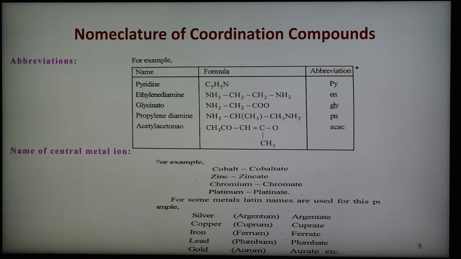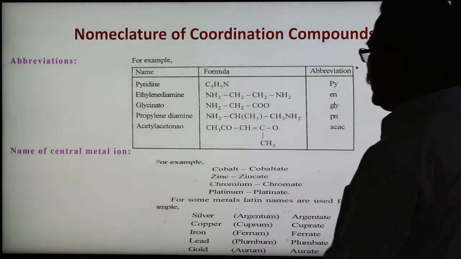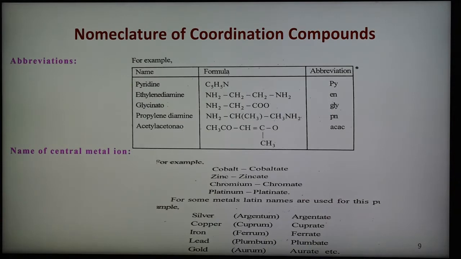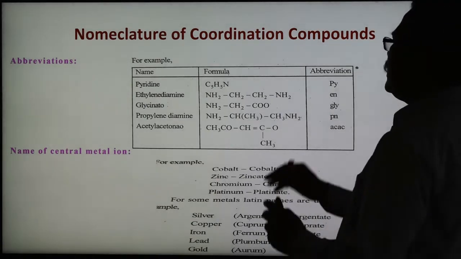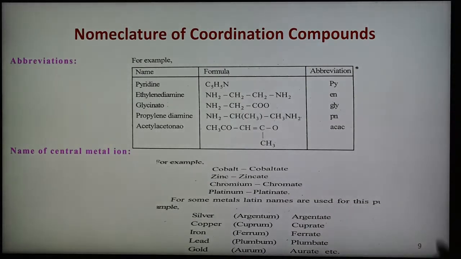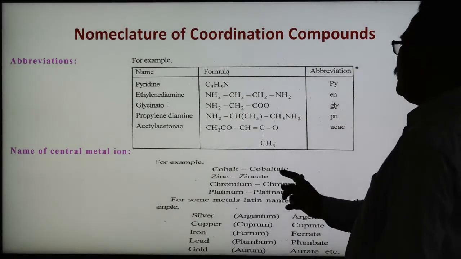If it is a part of an anion, then the name ends with ATE. So two types of complexes are there, positive and negative. When the metal is a part of a positive ion or neutral, we write the name of the metal as it is. If the metal is a part of a negative ion, we write the name ending with ATE.